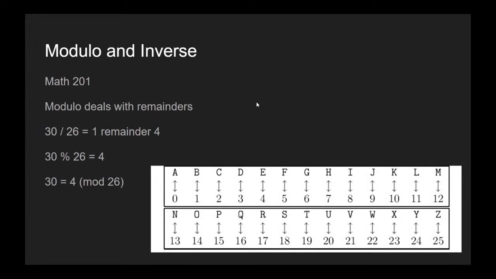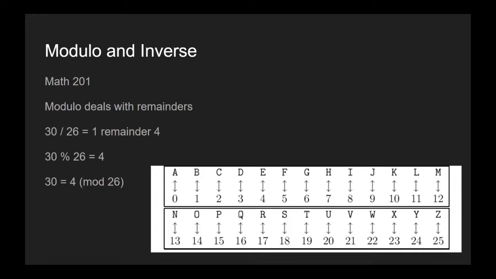So modulo and inverse. You're going to first see these concepts in Math 201. It's the first time students are introduced to these concepts. And once you're done writing proofs in Math 201, because we all love to do that, you get to learn a little bit about the early crypto concepts.